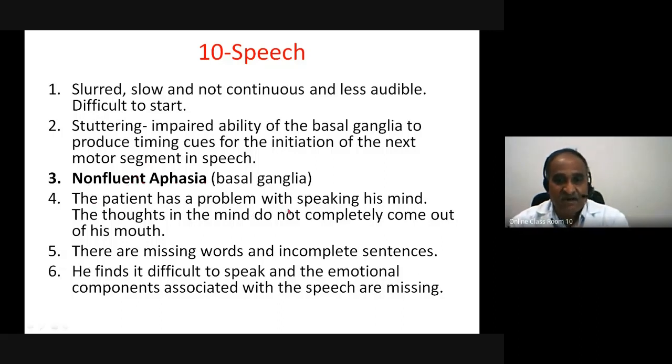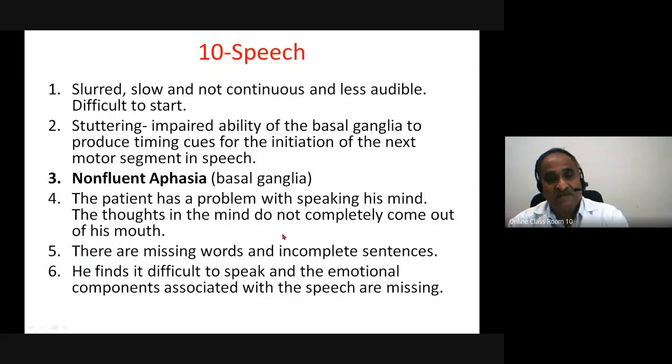The patient has a problem with speaking his mind, as I was describing, because the sequence and the chain of actions are not executed as expected. The thoughts in the mind do not completely come out of his mouth. That means the thoughts and the actions of the vocal cords do not match. That is why it is a non-fluent aphasia.